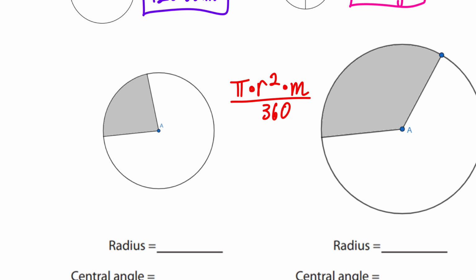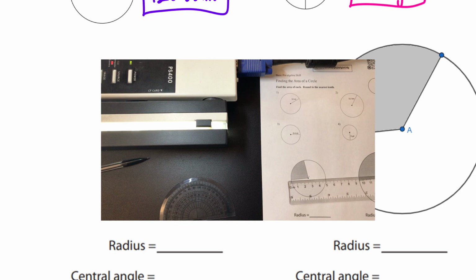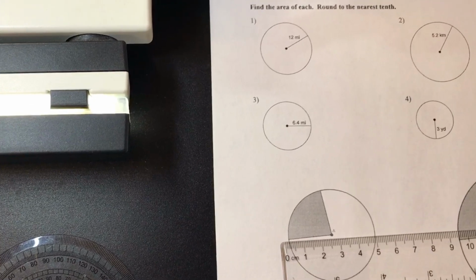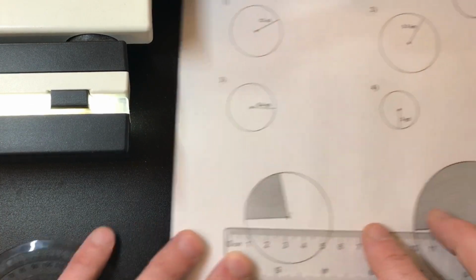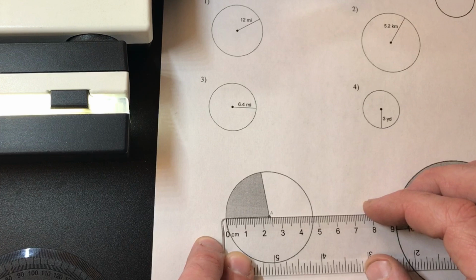All right, so let's... Oh, right here. Okay, so let's measure the radius of this circle right here.